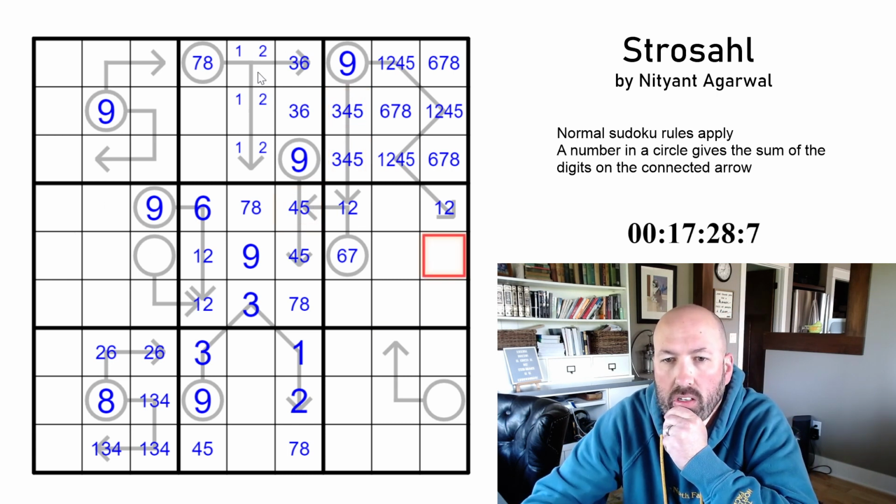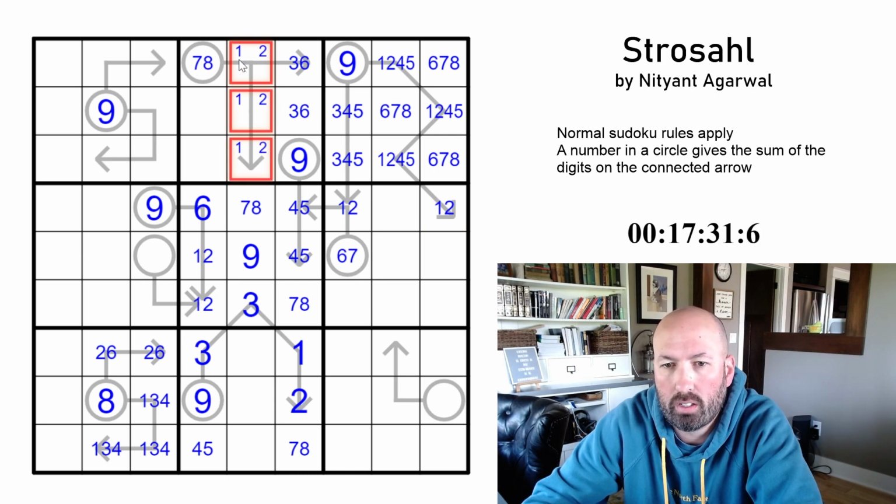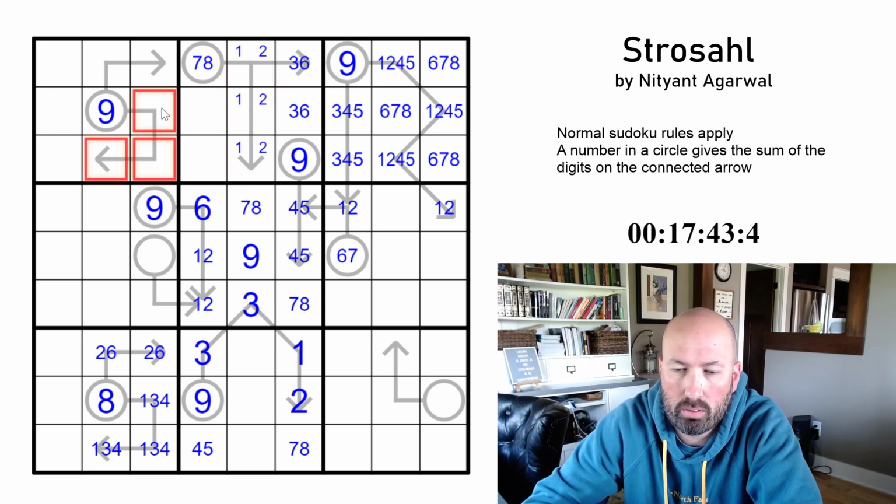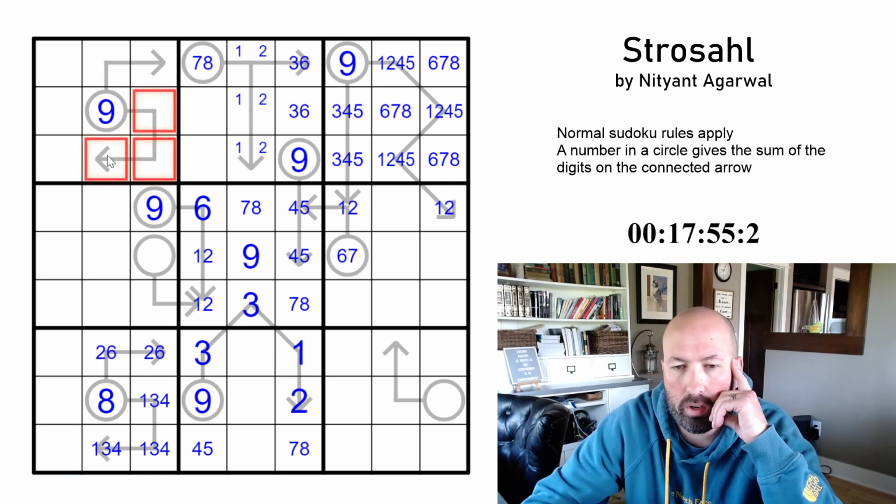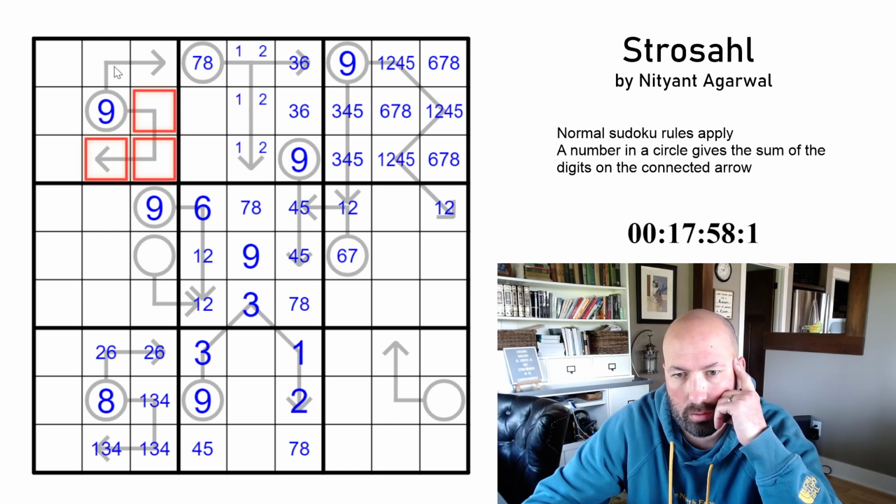Okay, so what can we do? It says 1, 2, 4 or 1, 2, 5. Okay, what about up here? Can we do 9 over there? Okay. So 1, 2, 6 would leave 1, 3, 4.